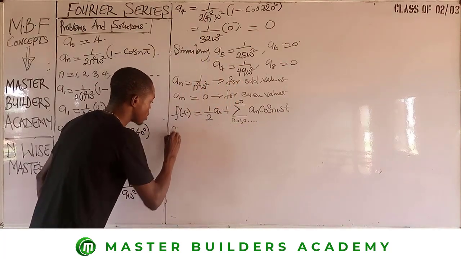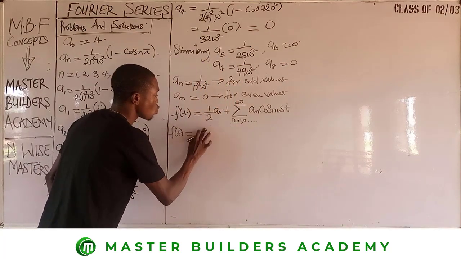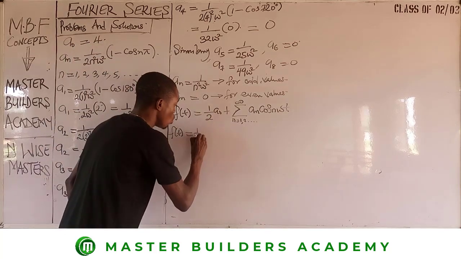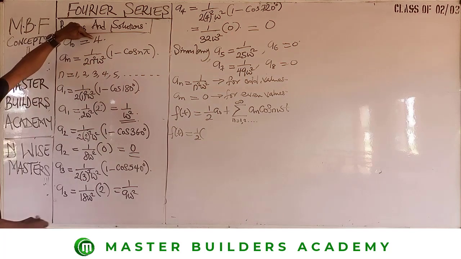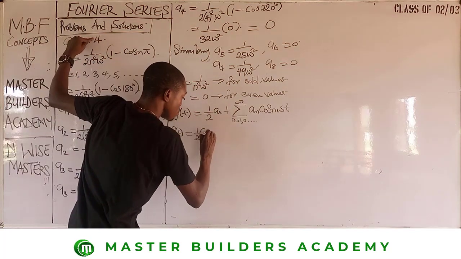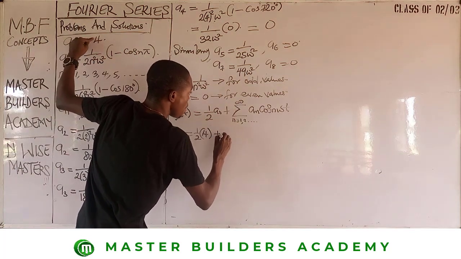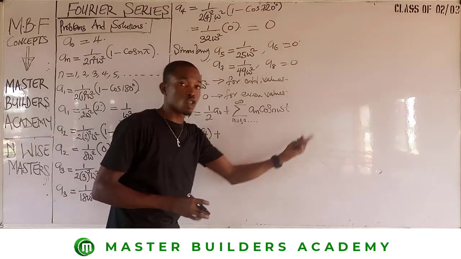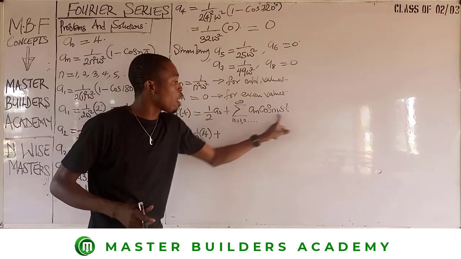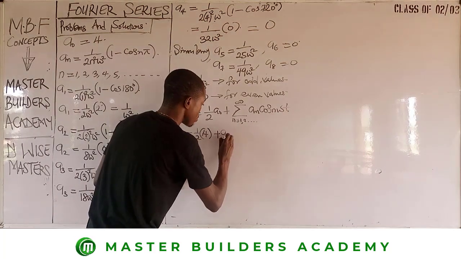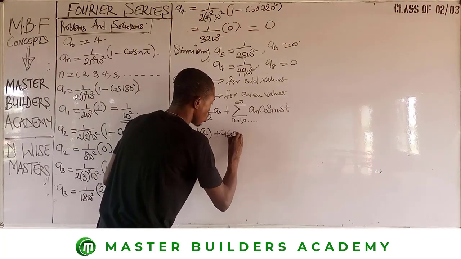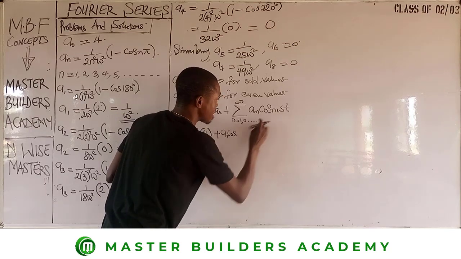All we just need to do now is f of t is equal to 1 over 2, and we begin to substitute in their values. A naught has been calculated to be 4. Put in the values plus. Remember that this summation, we go with 1. Put 1 here all through this equation. This will give us a1 cos 1 omega t.